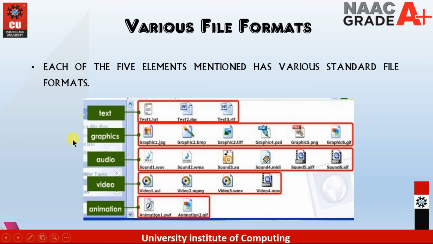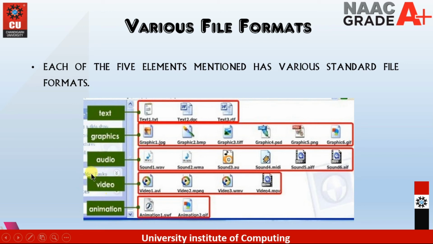The next one is graphics, which can be classified into various categories such as JPEG, BMP, TIFF, PSD, and so on. Similarly, audio can be classified into various categories such as WAV, WMA, AIFF, and MIDI, and the most used these days is MP3.